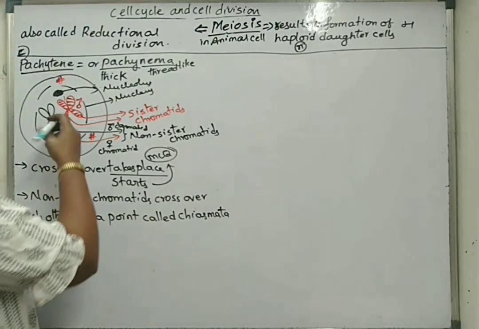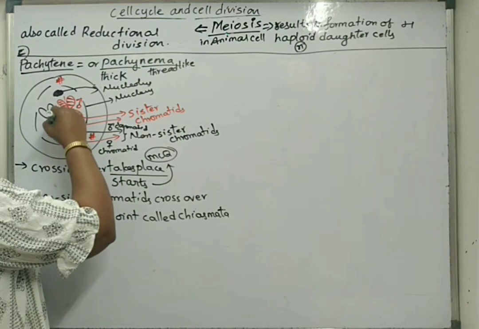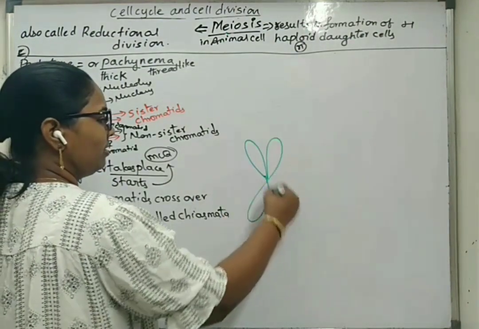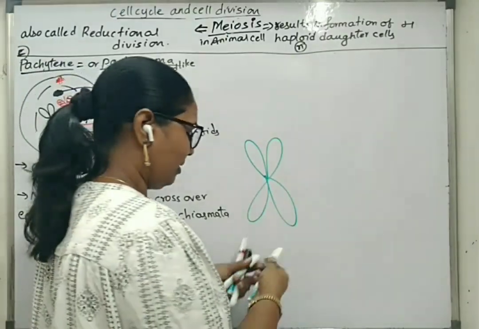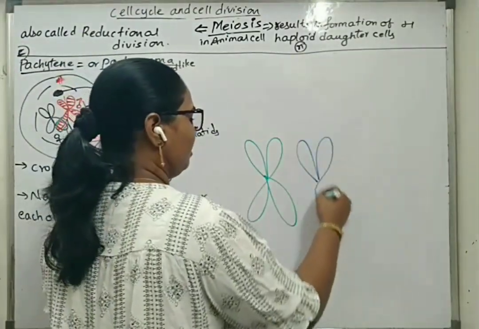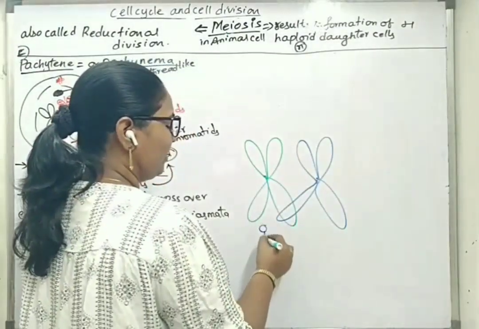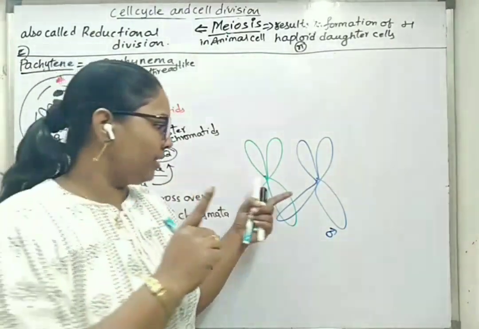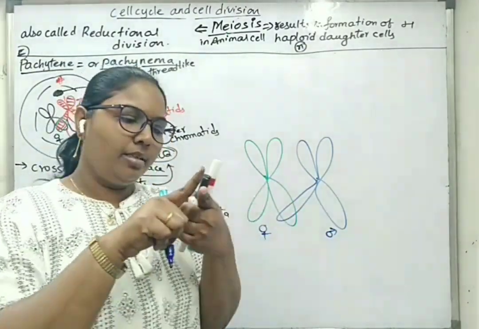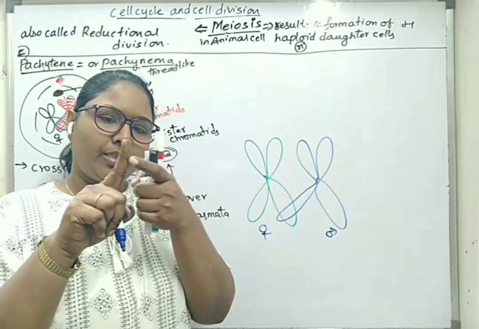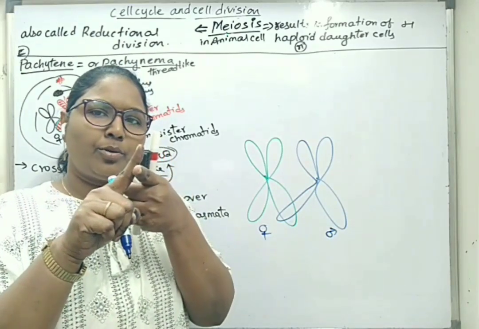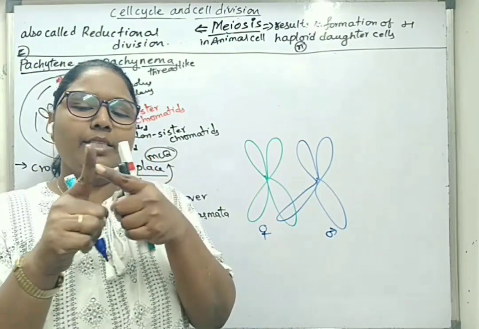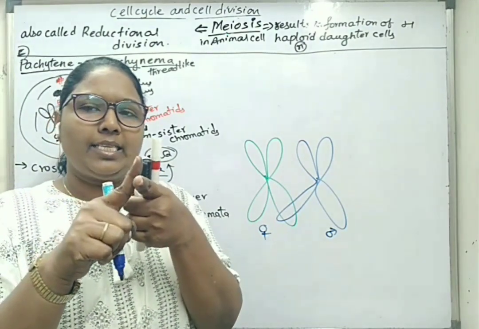If you want to draw that, this is from the female gamete, this is from the male gamete. If this is one chromatid and this is the other chromatid, they are crossing at one point. This point is called chiasmata. So they are crossing over each other at this point, the chiasmata.